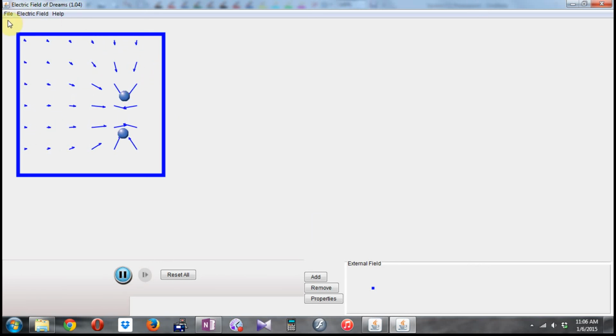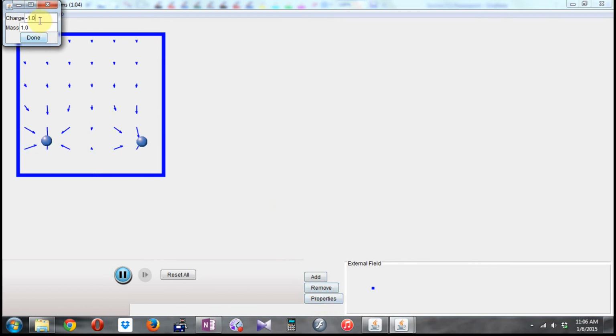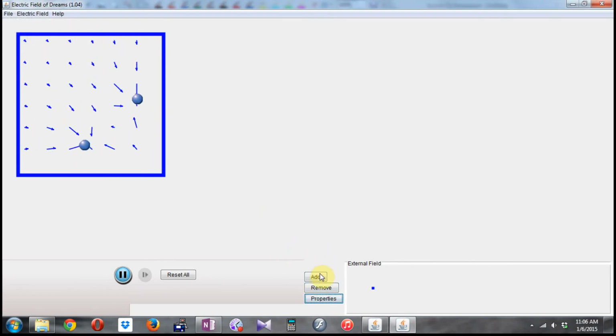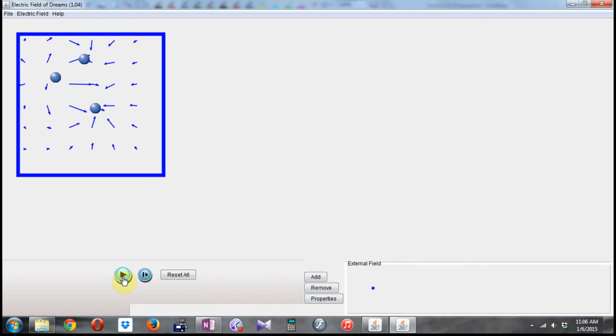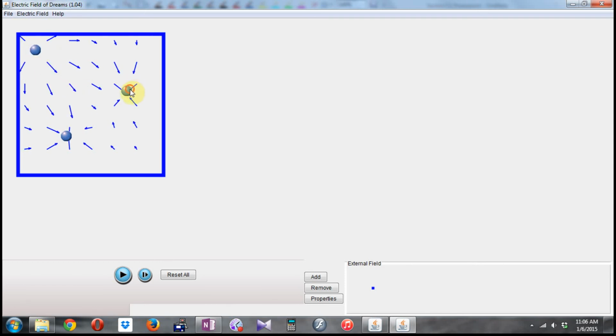You know what? Instead of a charge that's negative, I'll make a charge that's positive. See if you can figure out which one is positive, left, right, or bottom, by the way they behave.